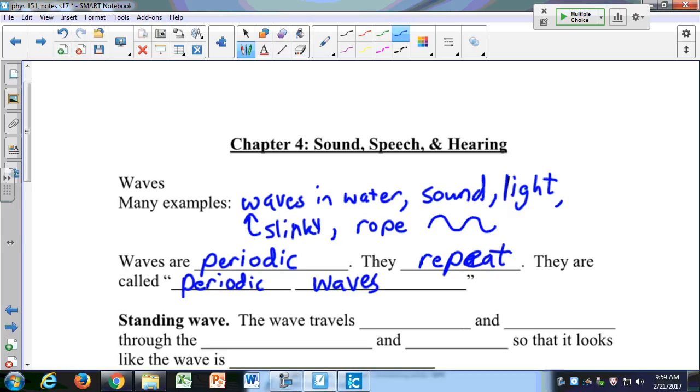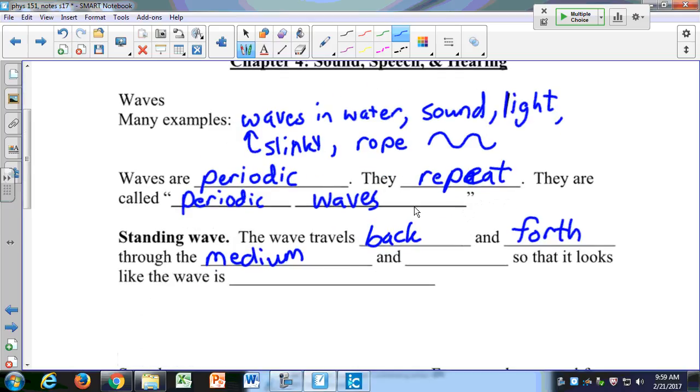In a standing wave, the wave travels back and forth through the medium. And it repeats so that it looks like the wave is not moving.